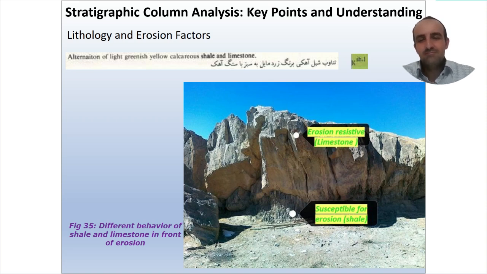So I said that in this area, based on different types of rock, we have a different morphology, and by analyzing the behavior of these rock types, we can infer some important points.